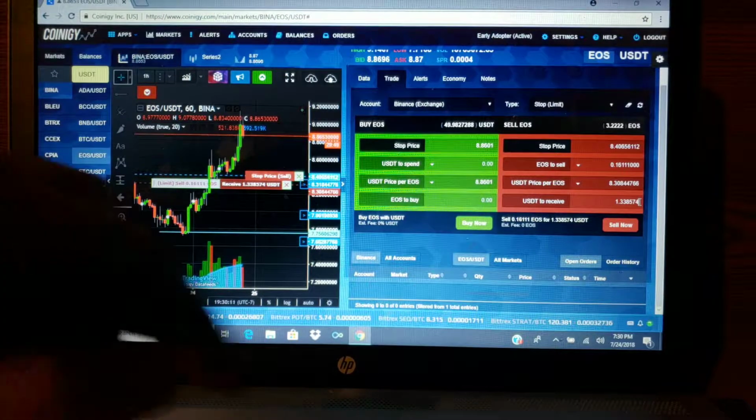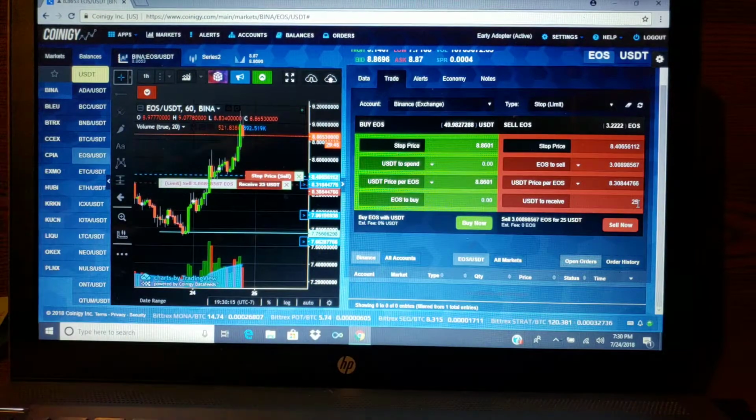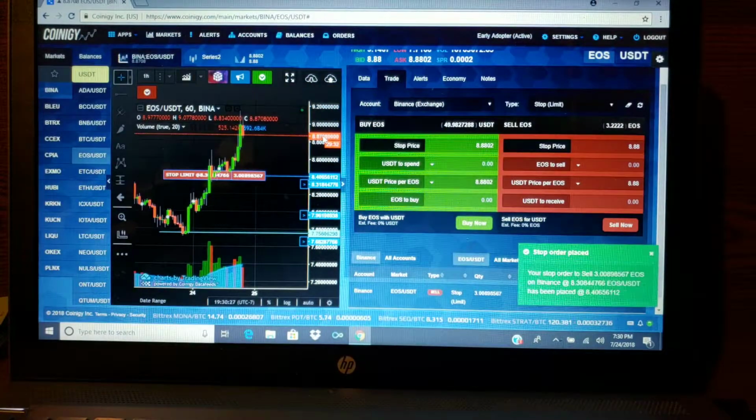Alright, so again here, let me change this to 25. So if it does fall down and squeeze us out, basically we'll gain 0.2 for EOS. Moving on.